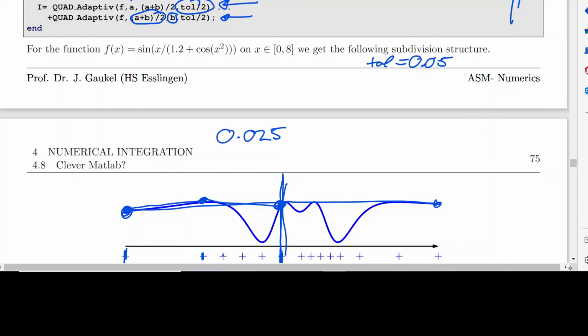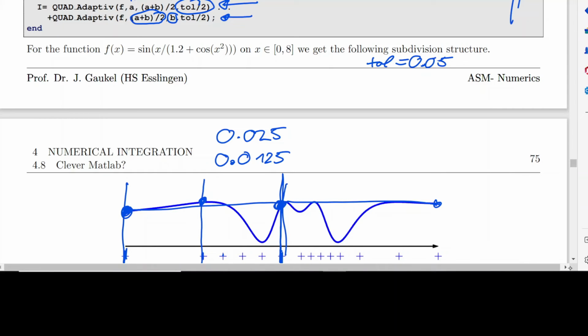The difference of the two trapezoidal values is more than that, and so we have to refine once more. So what do we do? Here we have that structure, evaluate at this point, trapezoidal sum, and midpoint. Then the difference of these two trapezoidal values is less than this number, so we say, okay, that's okay. We don't have to subdivide this interval more, so the job is done.